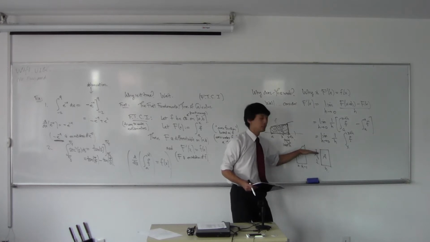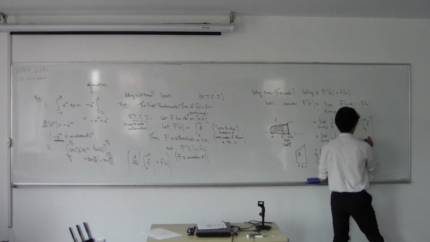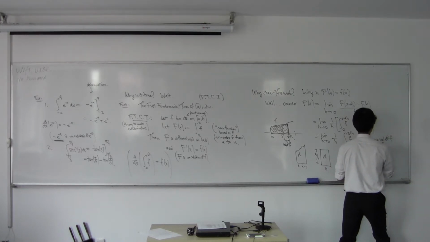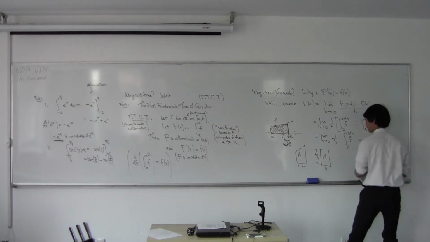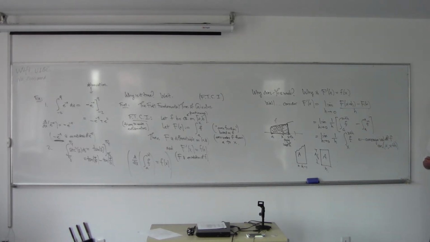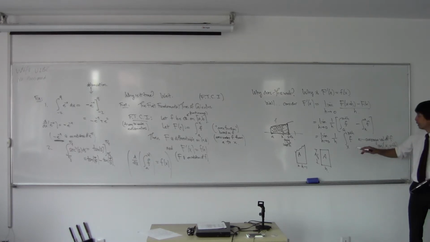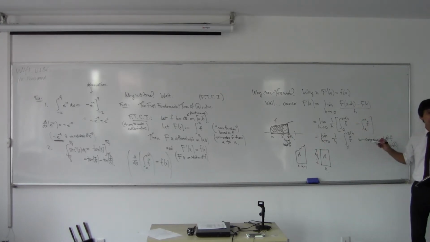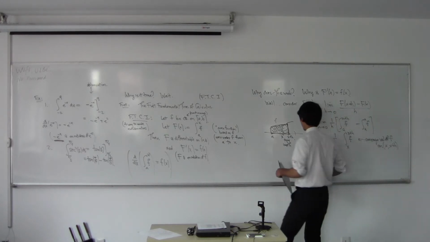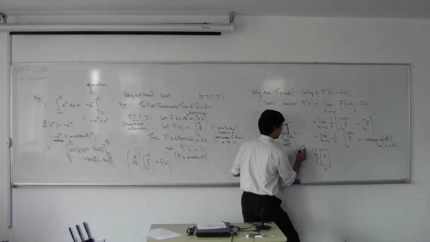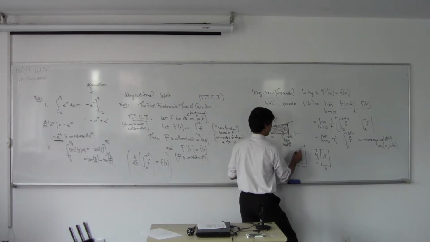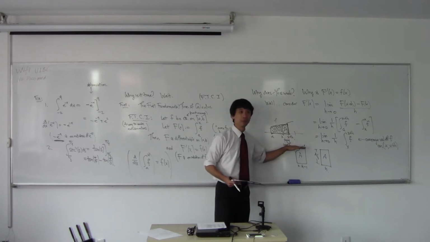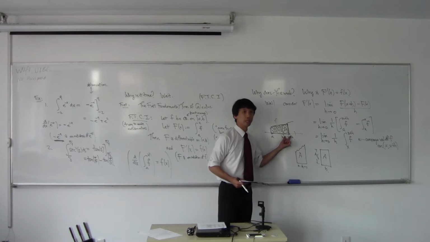So this is the average value of f between x and x plus h. We have this area A, and then we divide it by h, and we get the average height in this interval.